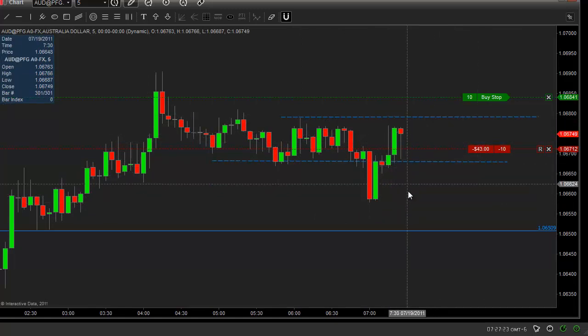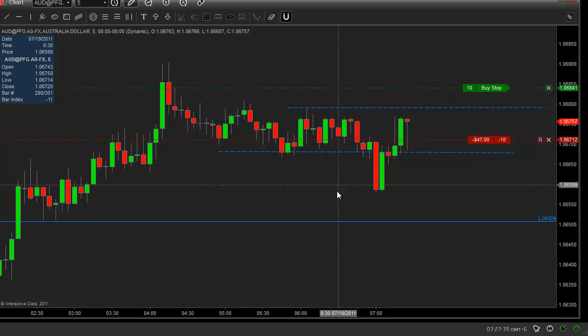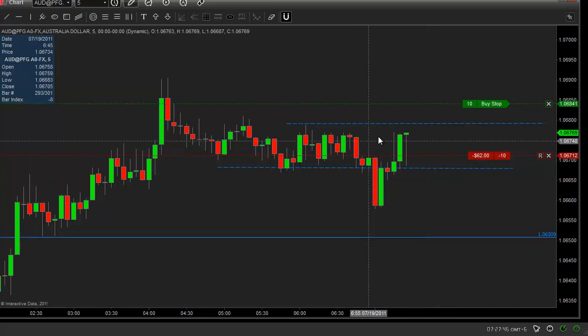Just lots of indecision here about where we want to go with this currency pair, and no doubt some news and updating situations right now as well. I don't really follow the news on this; it doesn't matter to me. But what is important is that once I'm in the trade, I'm executing the trade appropriately and using good judgment. And as I say, it would appear that this market is going higher, and without a doubt, if we close higher here, I'm pretty sure that my stops are going to get triggered.